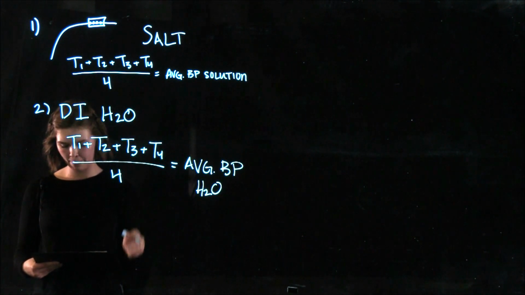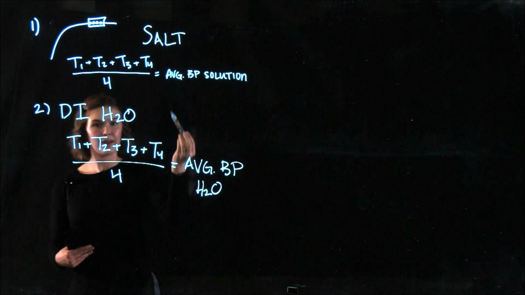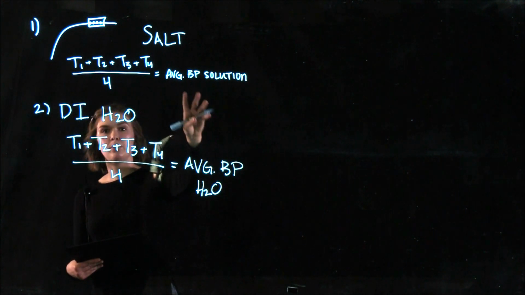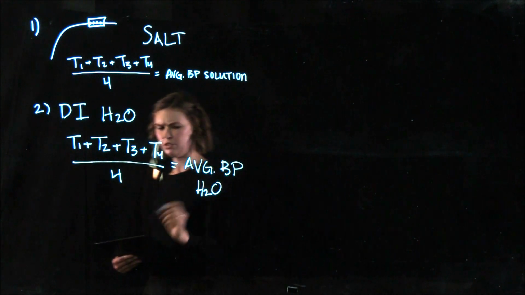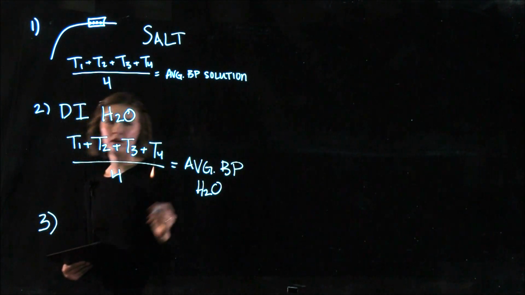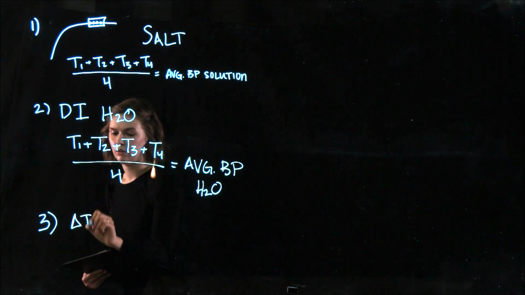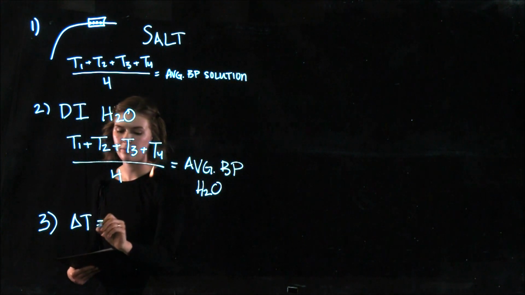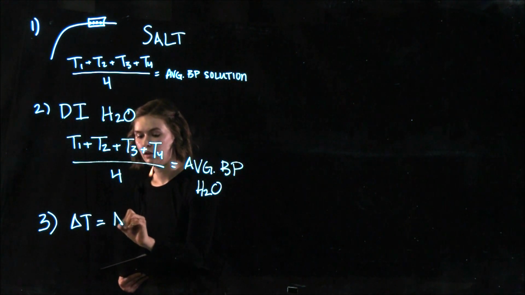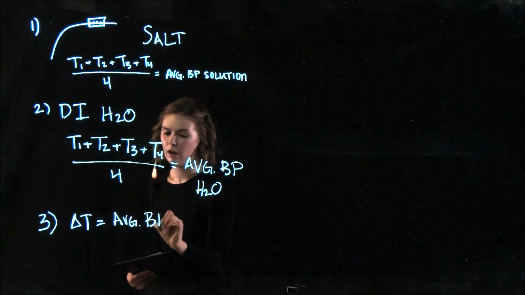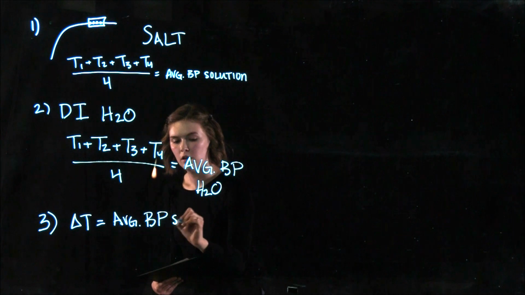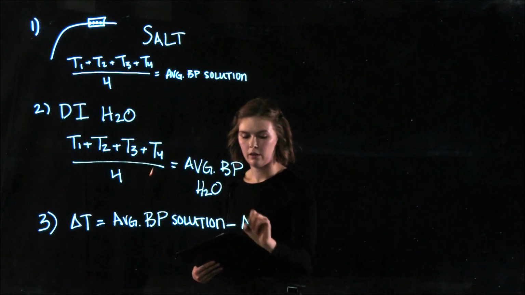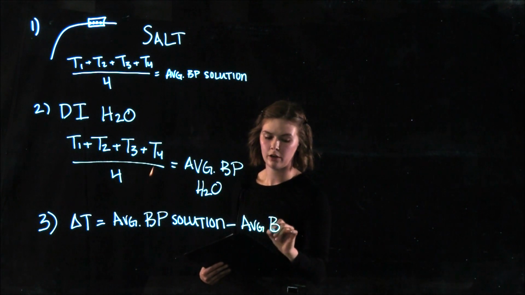So question 3 is asking what your actual boiling point elevation was. All that means is the difference between the boiling point of your water and the boiling point of your water and salt solution. We would call that delta T. So the change in temperature between the boiling point of pure water and the solution is just going to be your average boiling point of your salt solution minus your average boiling point of your pure water.